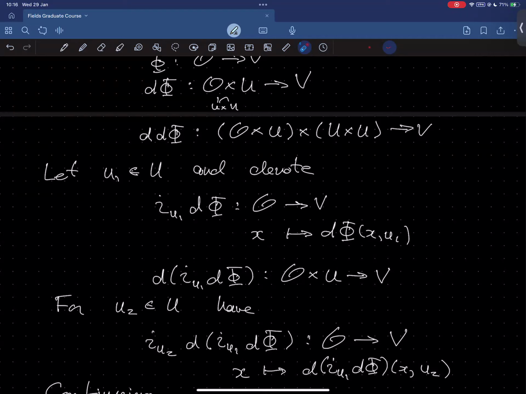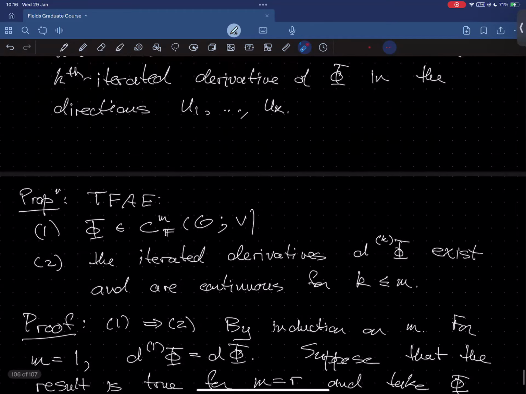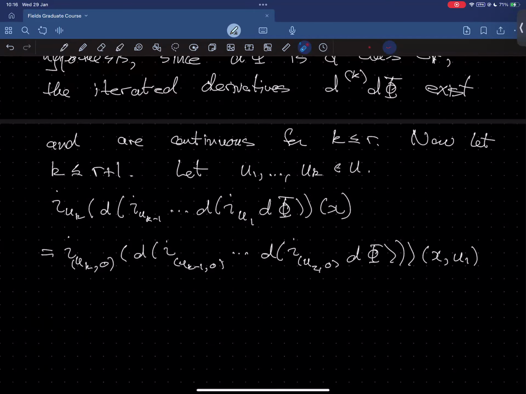So when I differentiate, it's not just going to be a u2; there has to be another vector corresponding to the fact that it's a function of the two variables x and u1. But I'm going to choose the second one to be 0 in every case, because I'm only interested in differentiating with respect to x, not with respect to u1. That's why I put the zeros here.